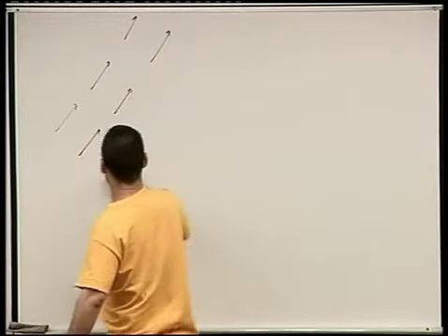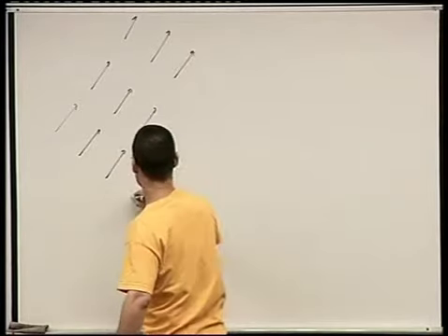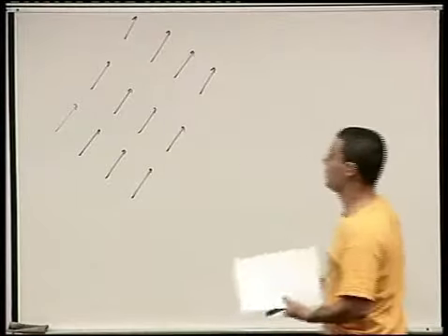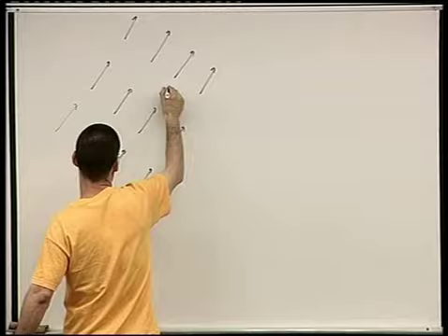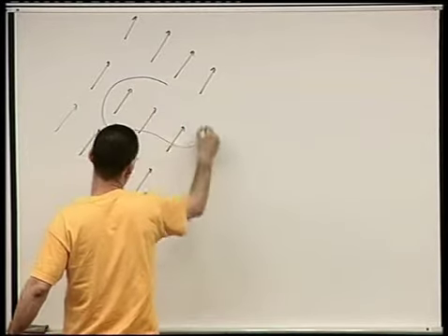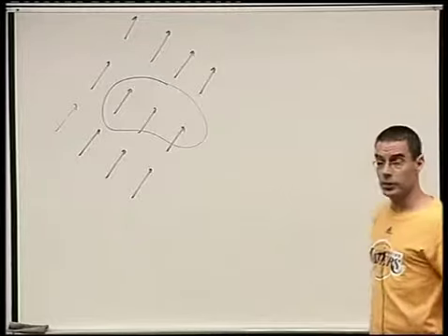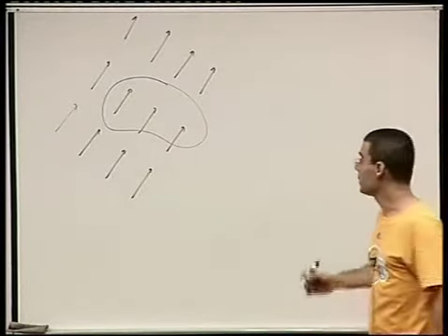This is some area in the field, and this is what the field looks like. And suppose you put a closed curve here. Is there going to be circulation on this curve? Okay, let's think for a minute.